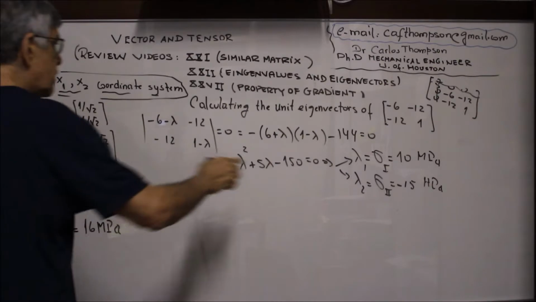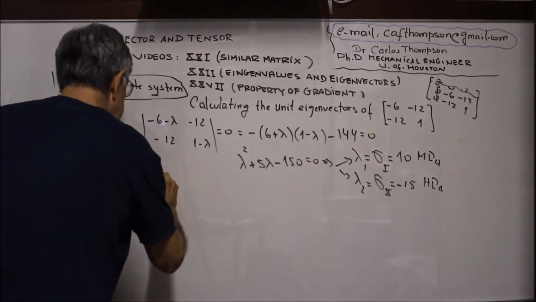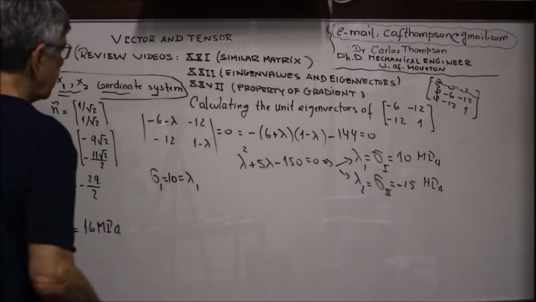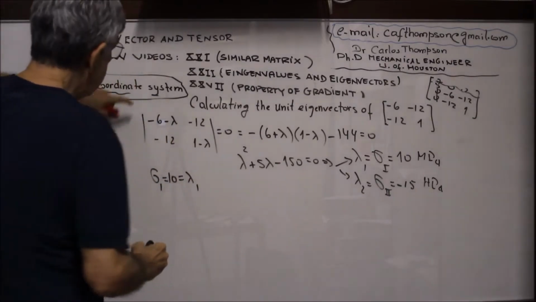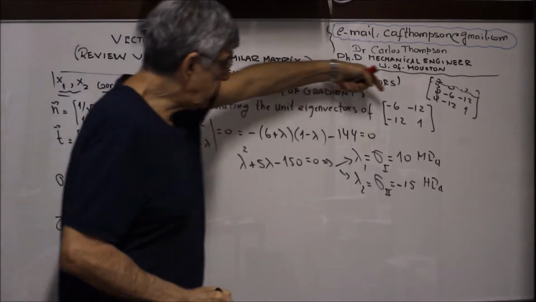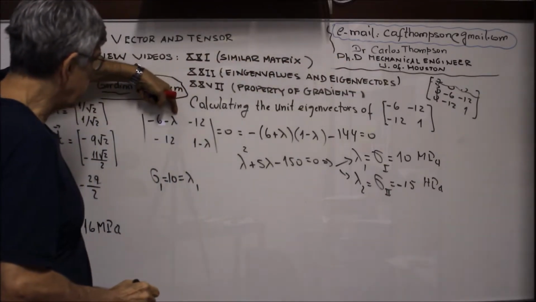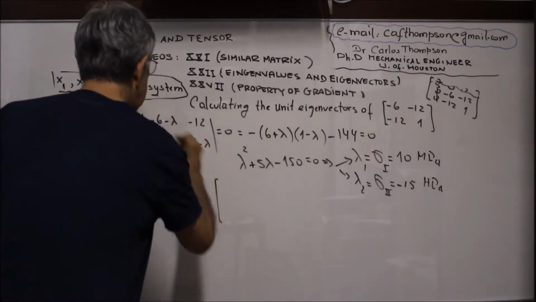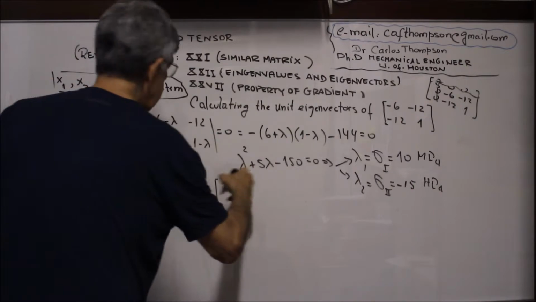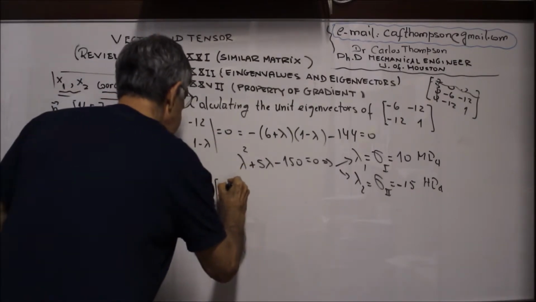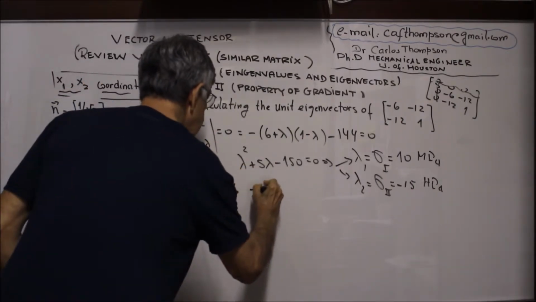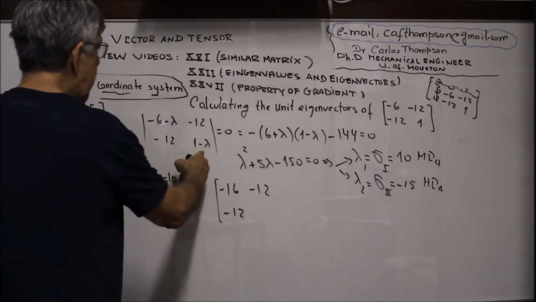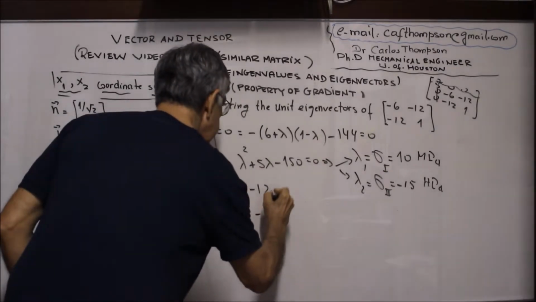Megapascal. That's easy. Now, for each lambda, we're going to calculate the eigenvector. So let's say for sigma 1 equal to 10, or lambda 1 equal to 10. Now, minus 6 minus lambda, minus 6 minus 10, so this is minus 16. This is minus 12, this is 1 minus 10, so this is minus 9.